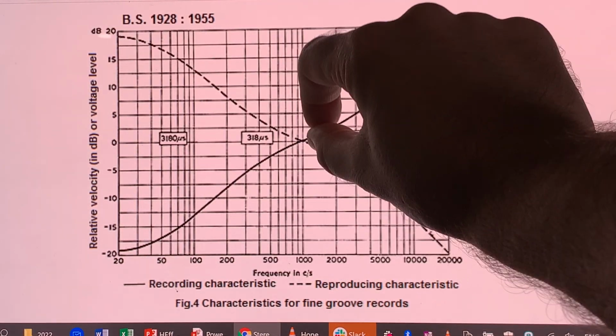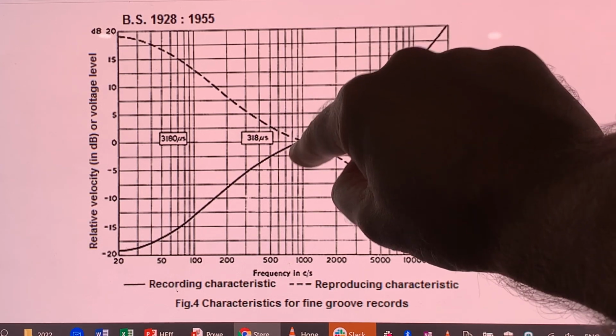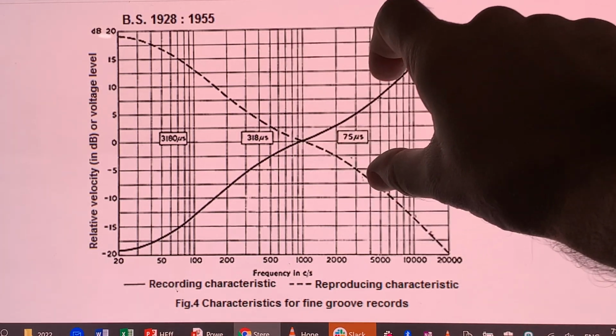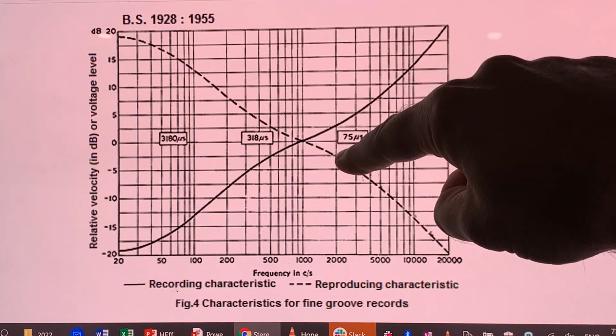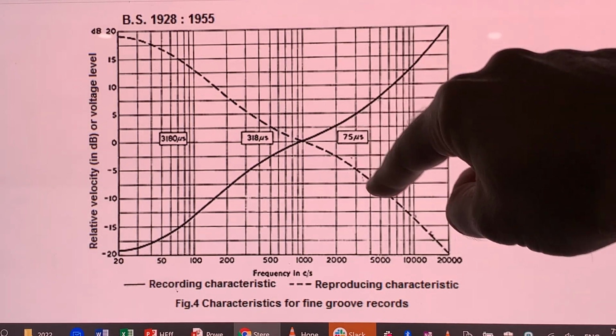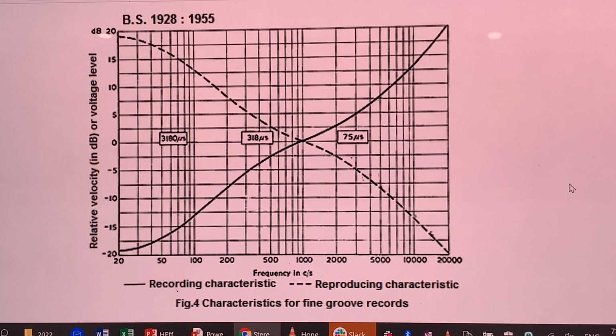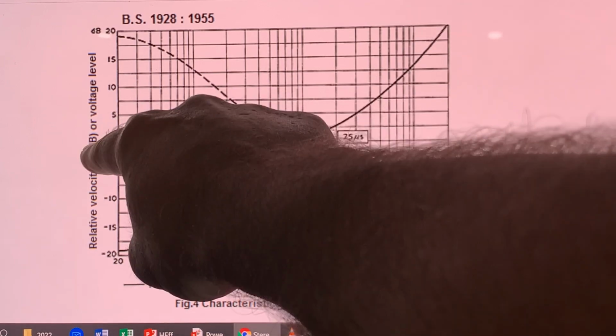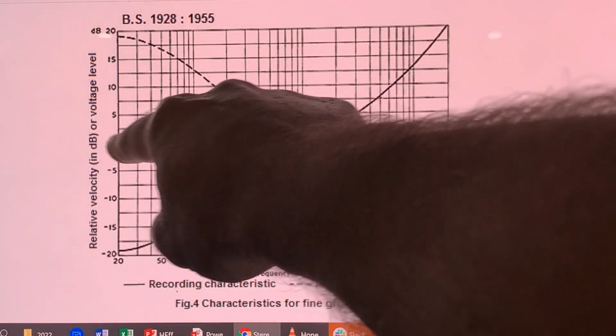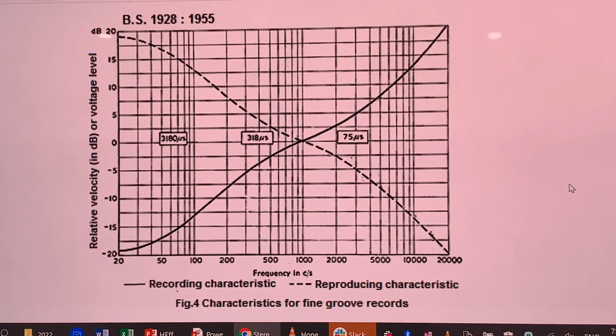And you see the curves intersected at 1 kilohertz where nothing is happening to the signal, and then your phono stage is going to cut down the signal from the high frequencies. And the rest, what the phono stage puts out, will be a flat 0 dB line. So the same that was recorded by the microphone. Well, it's not perfectly the same because all the phono stages have a tolerance.